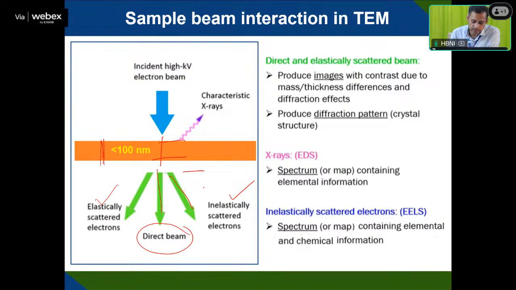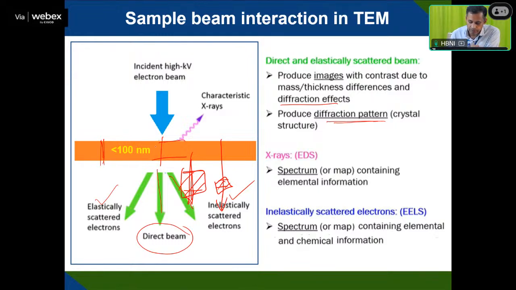If you have a thick region and a thin region, penetration will be less in the thick one, while in the thin one transmission is much easier. So depending upon the mass contrast, the Z value difference or thickness, you'll be able to see a better image, and as a diffraction effect, it produces a diffraction pattern to see the crystal structure.